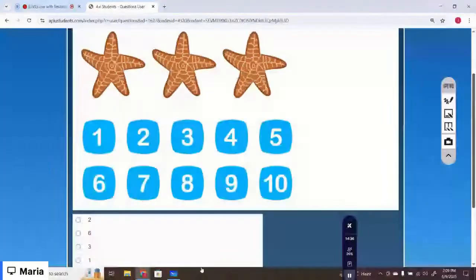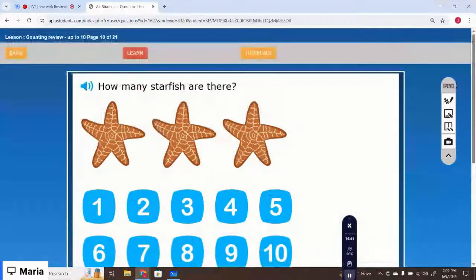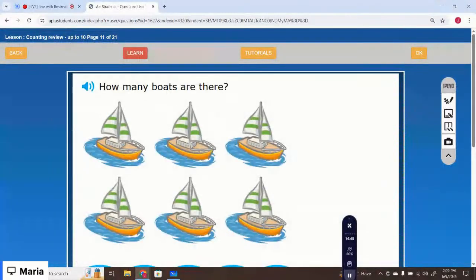That is three. How many boats are there? There are six boats.